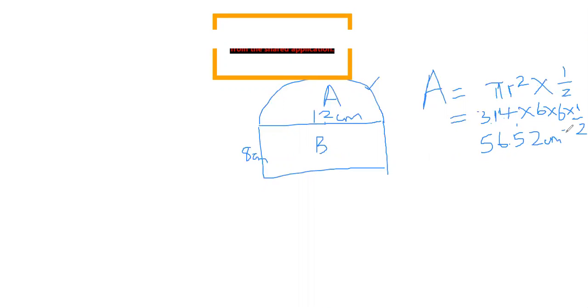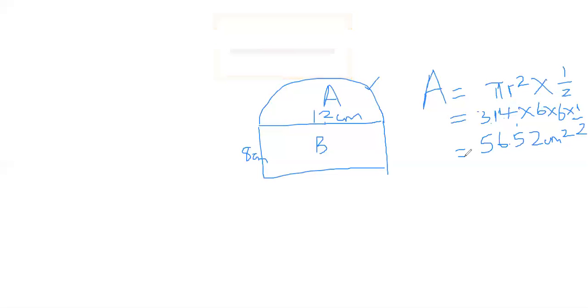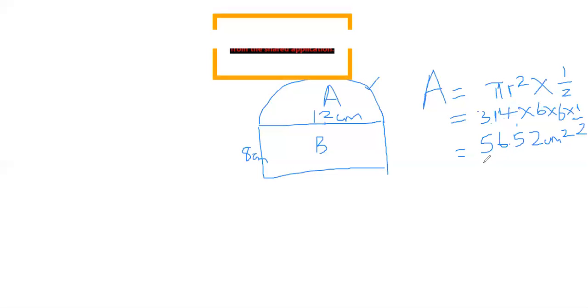Please, you need to always keep a check on me because I don't have a teacher's book or an answer book for your textbook. Let me just quickly recheck. It's 3.14 for pi, we multiply by 6, and by 6, and then we multiply by half. We get 56.52 square centimeters. That's correct.